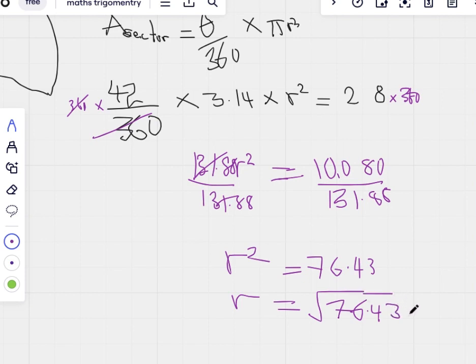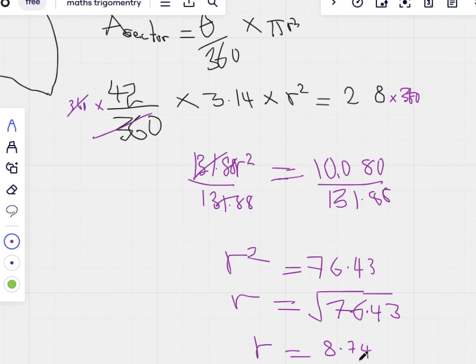Is it 8 point something? Root 76.43. What do you get? 8.74. Remember they say we should leave our answer in 2 decimal places.